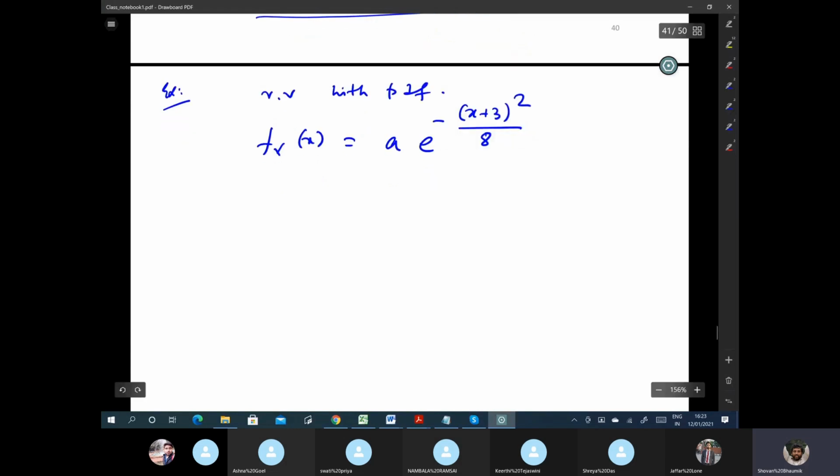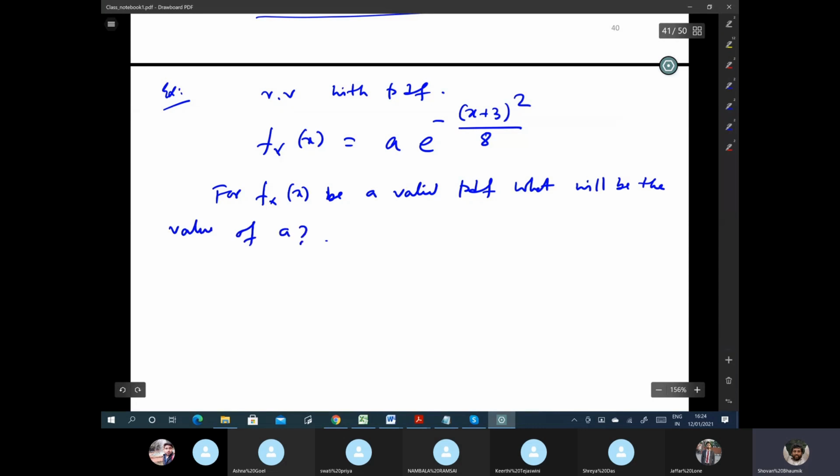Okay. So for f of x to be a valid PDF, what will be the value of a? Do it.